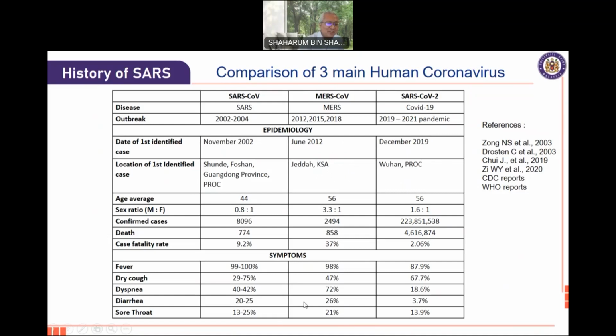You can see here I took some details about the differences in symptoms of each human coronavirus.